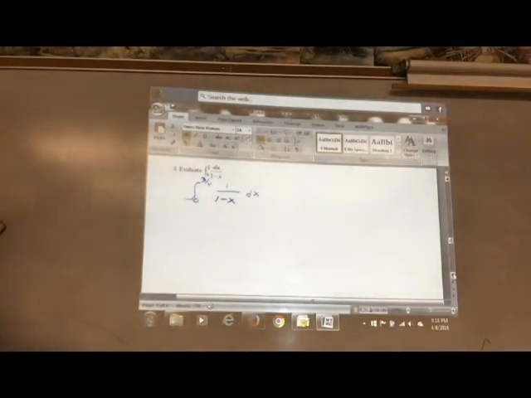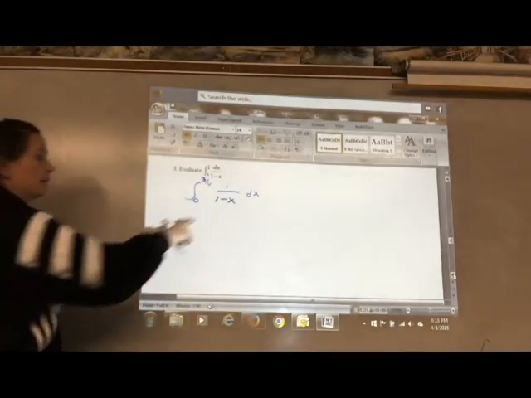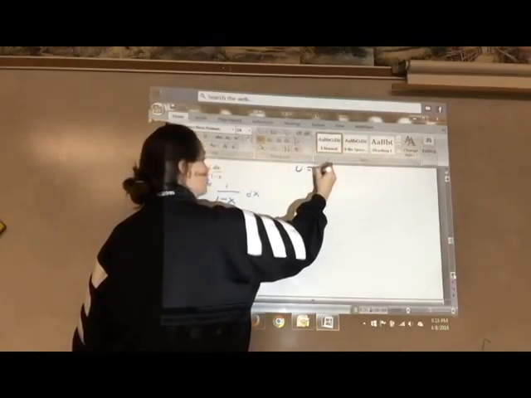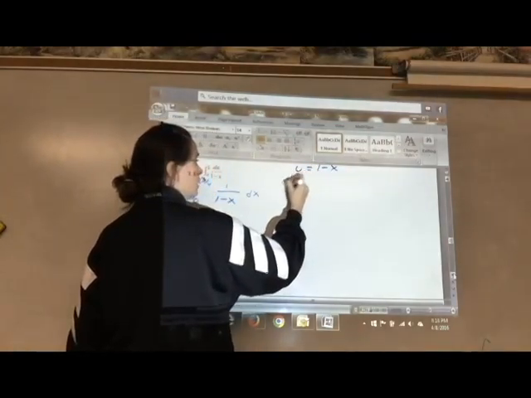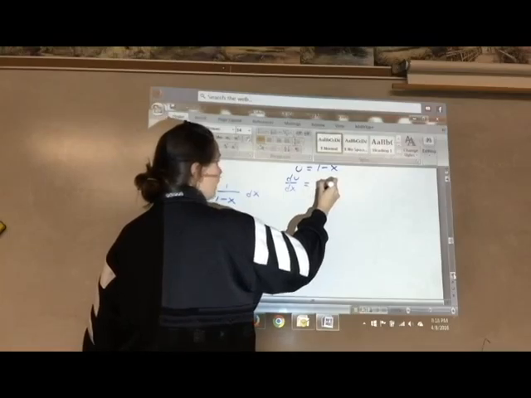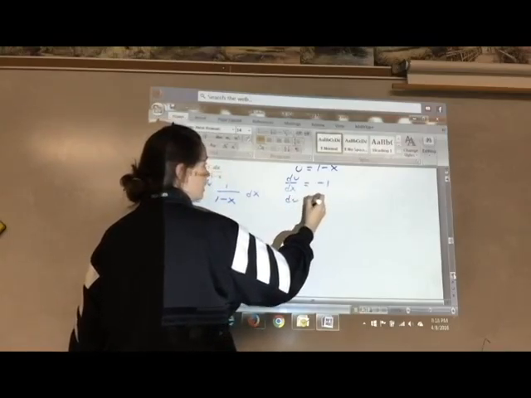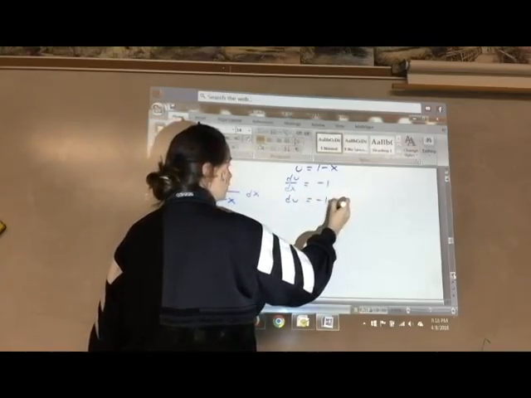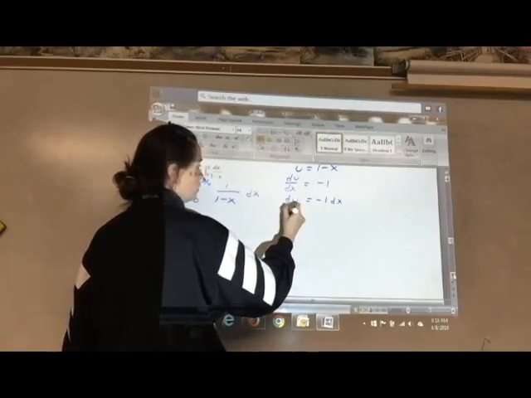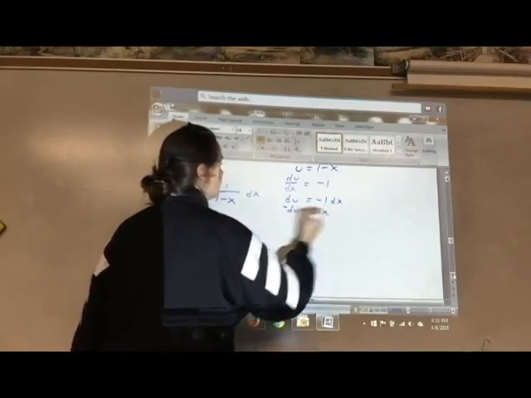And let's think about what our u sub should be. I'm going to try my denominator. U is equal to 1 minus x. Du dx then would equal negative 1. So du is equal to, let's do the opposite of du is equal to dx.